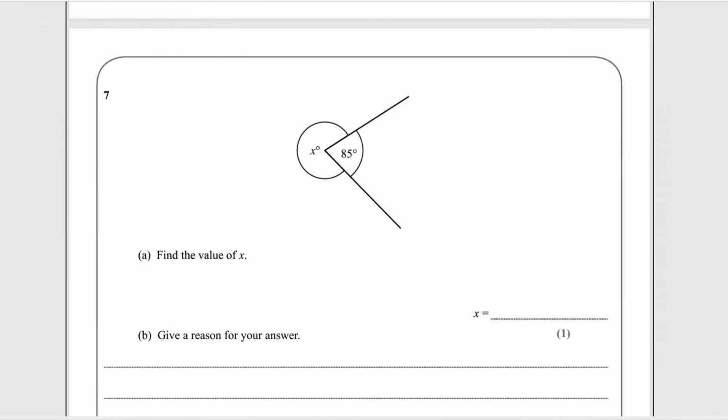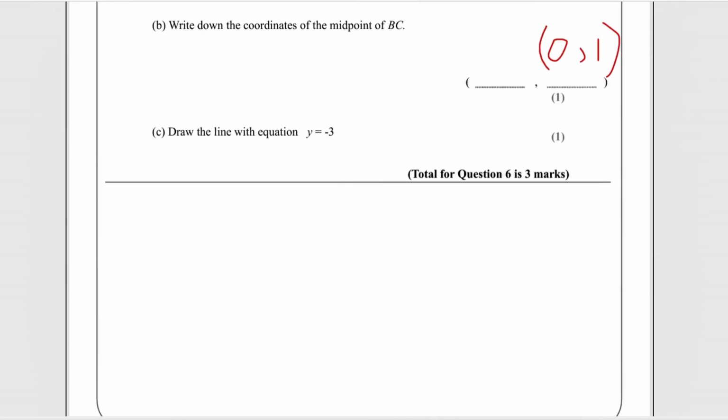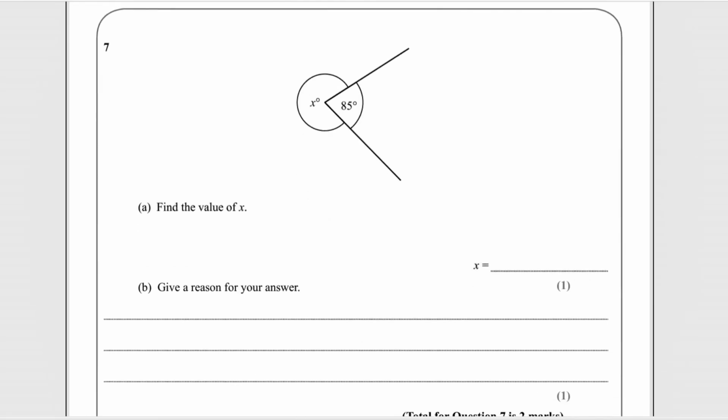Question 7. Okay, how do we solve this question? Find the value of x. Now, these two meet at a point. Angles at a point are equal to 360 degrees. So 85 and x add up to give 360 degrees. How do you get x?